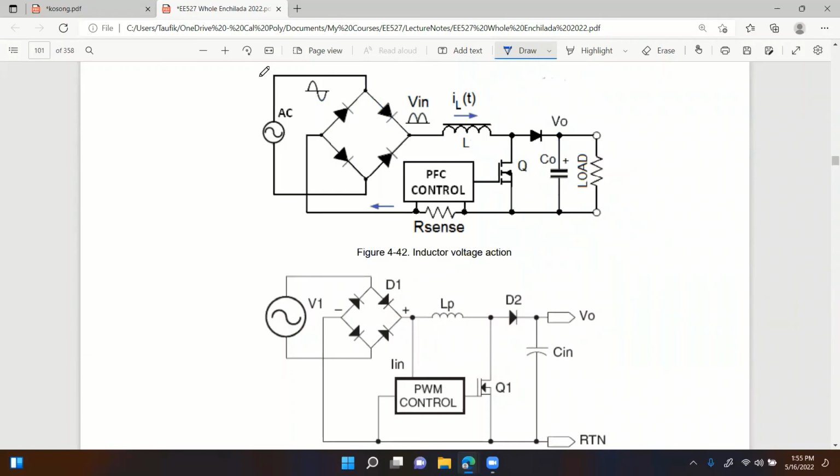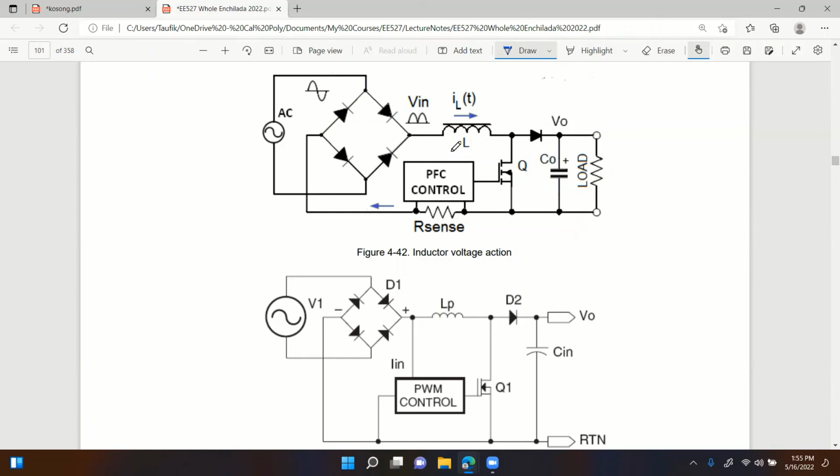Instead of just a pure capacitor to correct it, you have a boost power factor correction. That's a boost converter right here. I'll explain on Wednesday how a boost converter actually corrects power factor. But that's basically what we have right now. We replace the capacitor with a boost converter, right there.